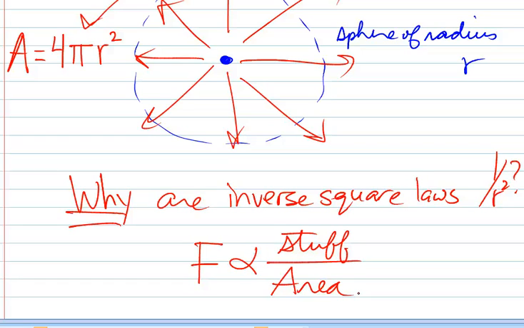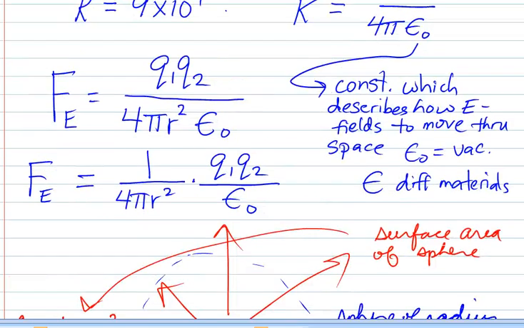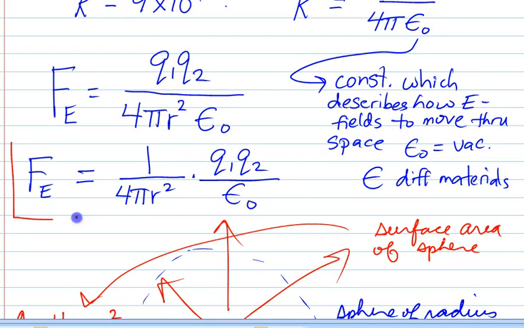Okay? And there's a very famous law in physics called Gauss's law that you'll study later on involving the electric field. And I just wanted you to start thinking about it now, that isn't it kind of strange and beautiful that this area, this 4 pi r squared, shows up in the electric force equation.